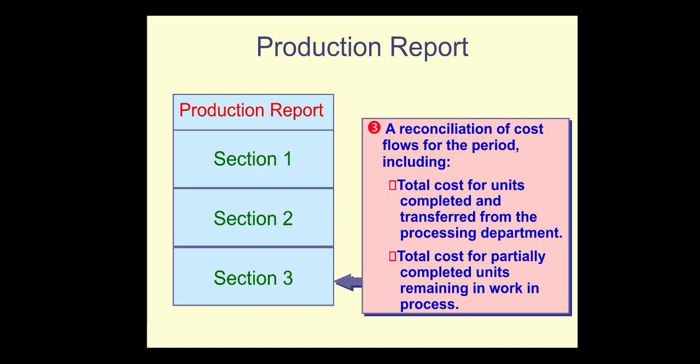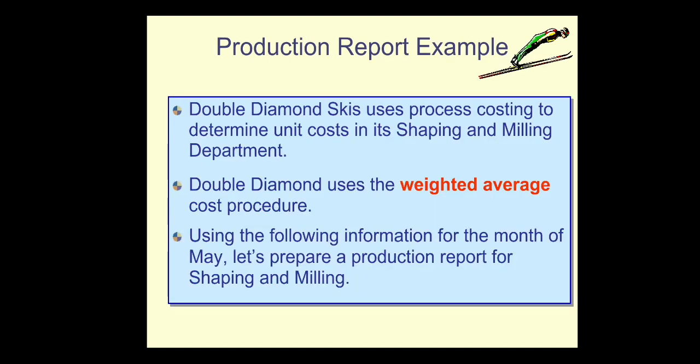Section 3 is where you reconcile the cost of flows for the period, including total cost for the unit completed, and then total cost for partially completed units. It is not difficult to prepare a production report. It is not difficult, it is easy. There is an example after this, and you will see it is not difficult.